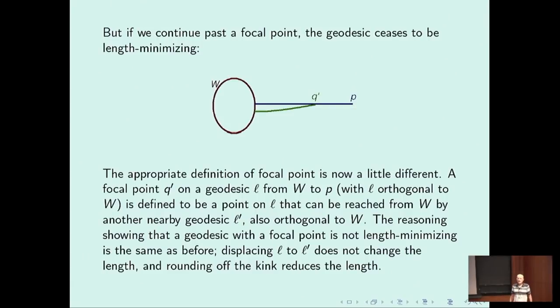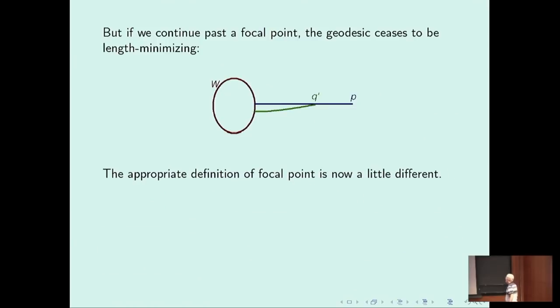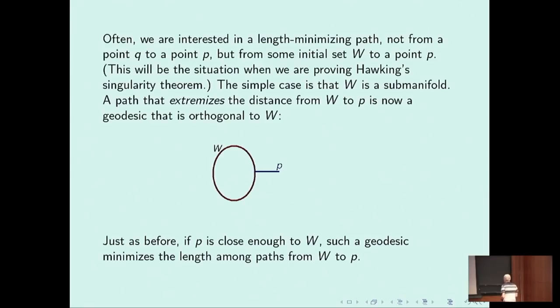Yes? So in the example of the sphere, we go to Q prime and then go back. So this will be the rounding? I think you should see it for yourself. So go from the North Pole on a geodesic to the South Pole and keep going.